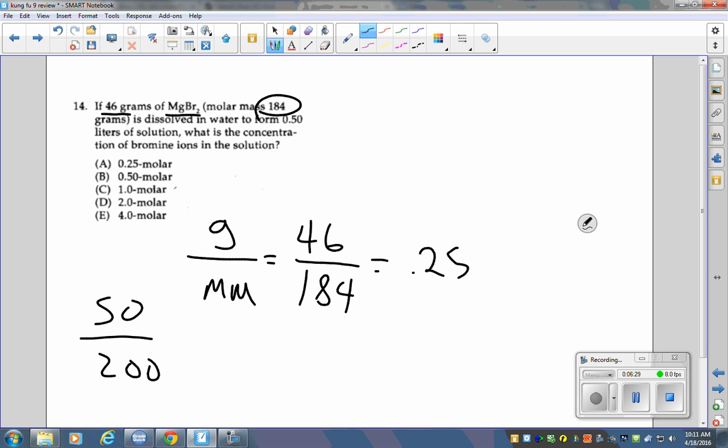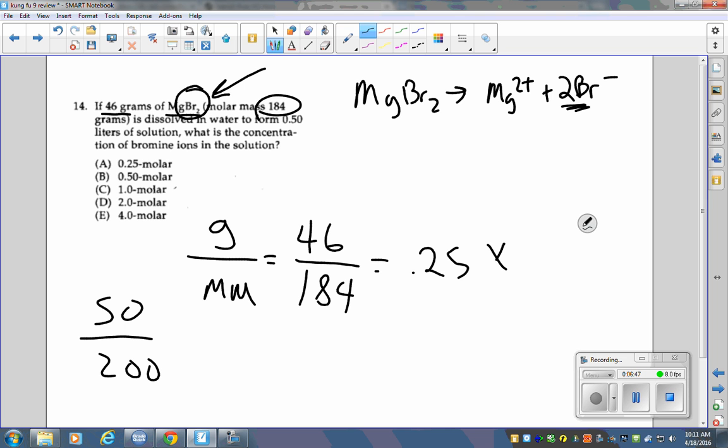Moles. Except, what do you notice about Br in that equation? Br2, which means if I take MgBr2 and dissolve it, I'm going to get Mg2+ plus 2Br-, right? So I double it. So remember, that's where we talk about molarity times liters times subscript. Whenever they talk about ions, subscript matters.